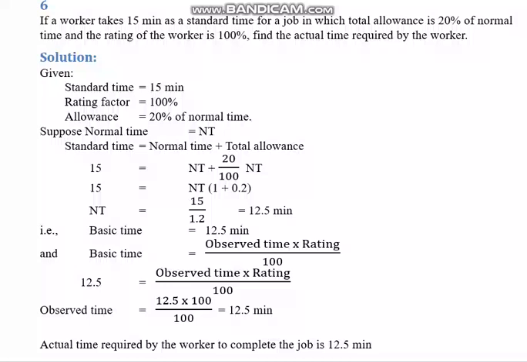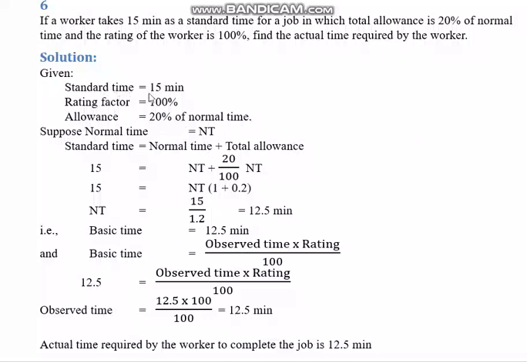Earlier, they had given the observed time and we had to calculate the standard time. Now they are giving the standard time, and from it they are asking us to find the actual time, the observed time, in the reverse direction.